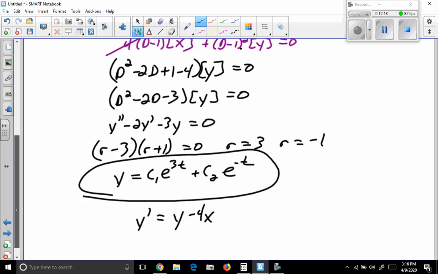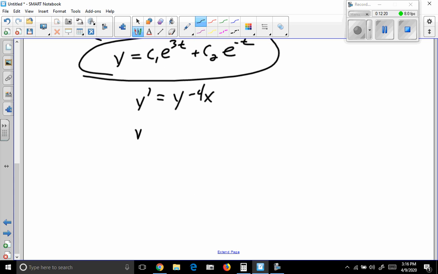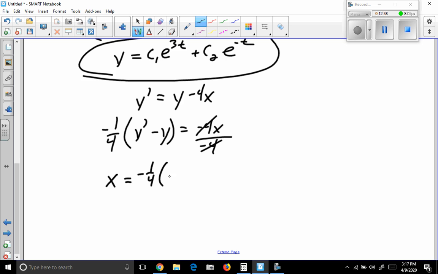If we solve that for x, we get y prime minus y equals negative 4x. If we divide both sides by negative 4, then x is just going to be negative 1/4 times y prime minus y.